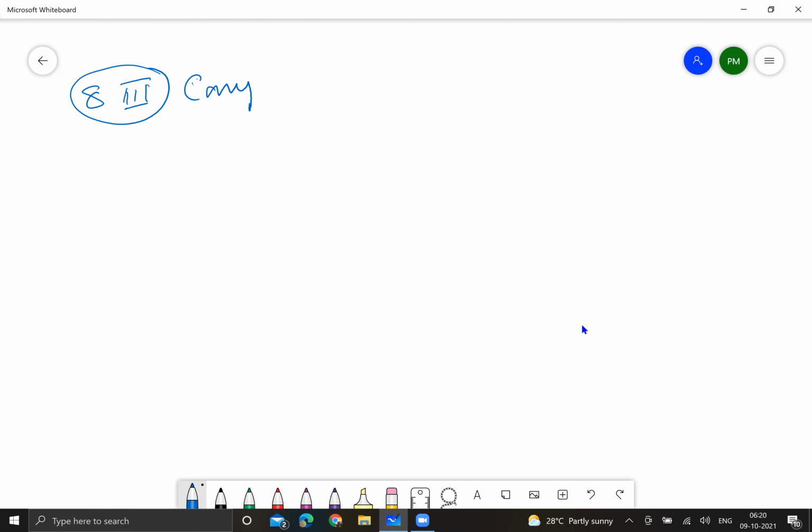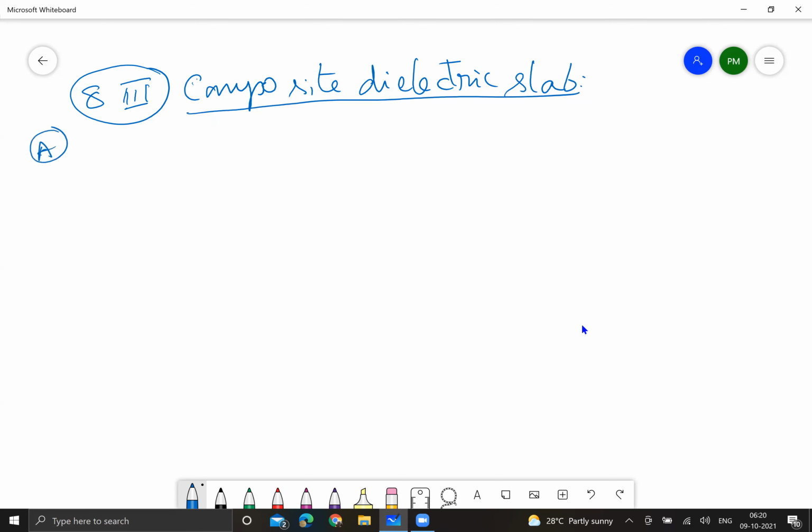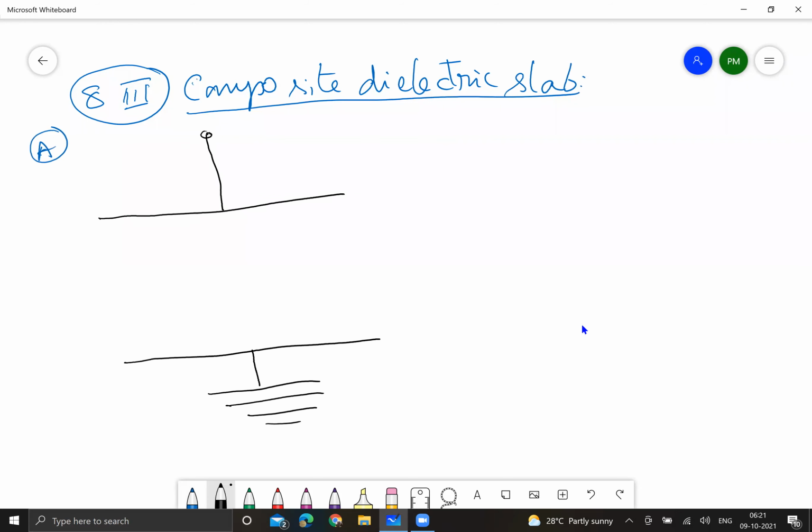Composite dielectric slabs. So in this, these are the two plates of the capacitor, and these are the two dielectric slabs.